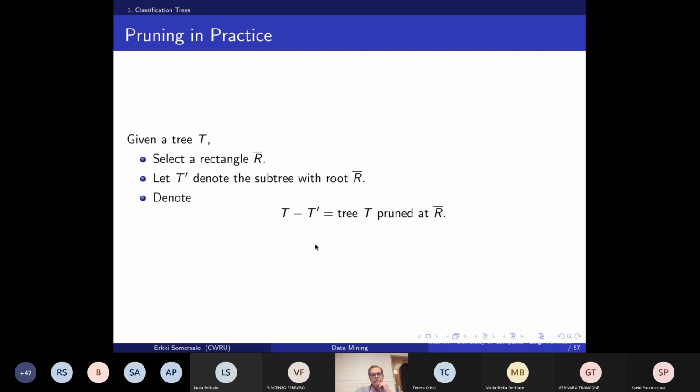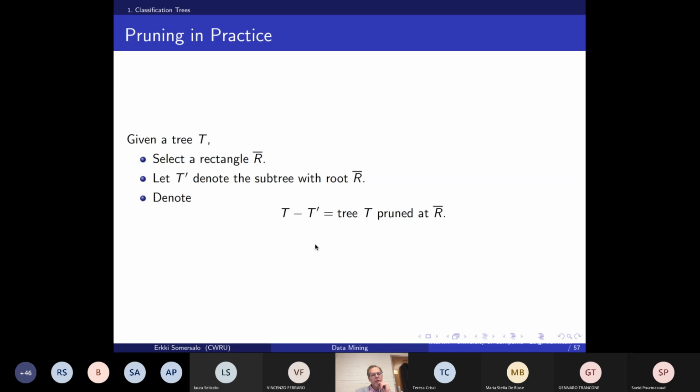So how do we do this pruning in practice? Let's go through the steps. First of all, you have a tree T, and you choose one rectangle R bar. I will go through how you choose that R bar.